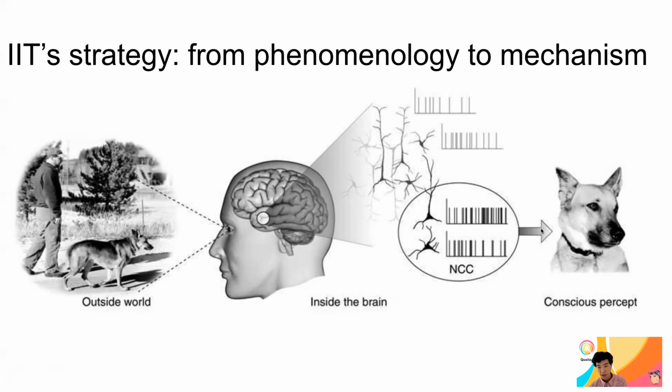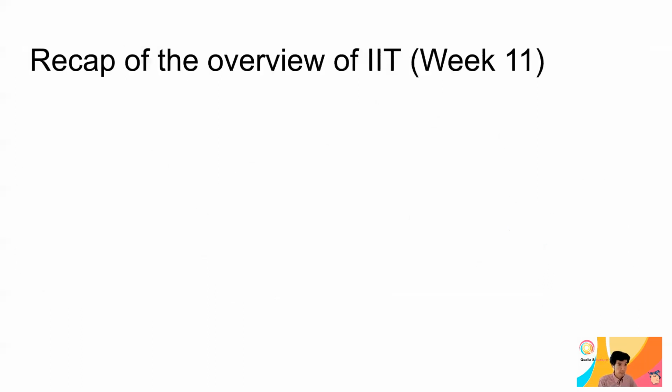But this arrow has repeatedly been pointed out as hard to establish. That's the hard problem of consciousness. IIT goes instead by first identifying the conscious percept's phenomenal properties or essential features, and then asking what kind of mechanism can possibly support such a structure or properties.